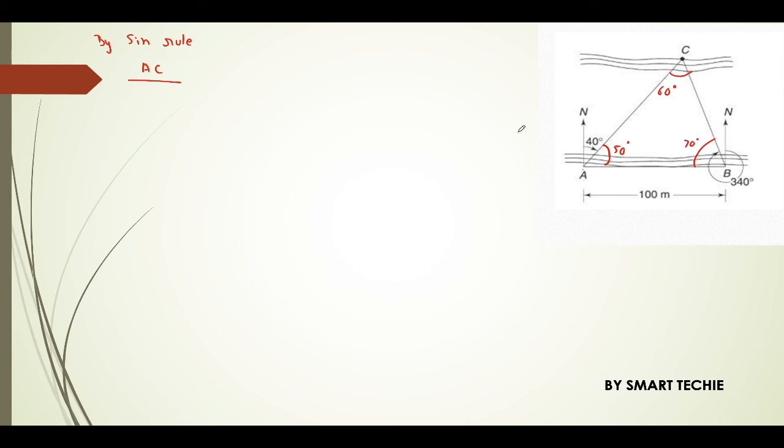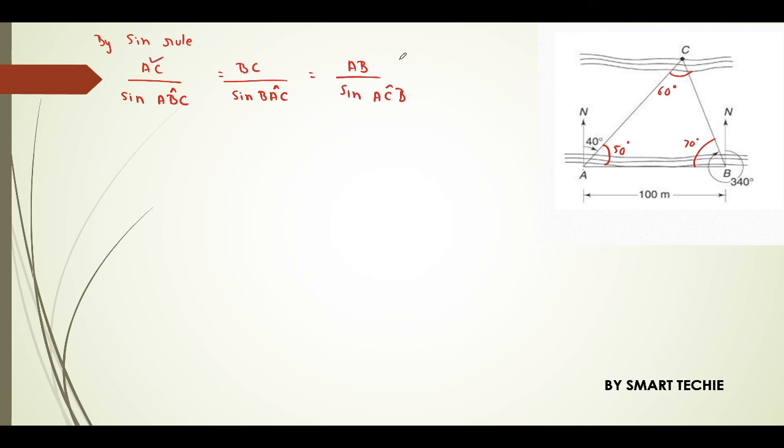AC is opposite to angle ABC, so sine ABC: AC over sine of angle ABC is equal to BC over sine BAC, which is equal to side AB over sine angle ACB.